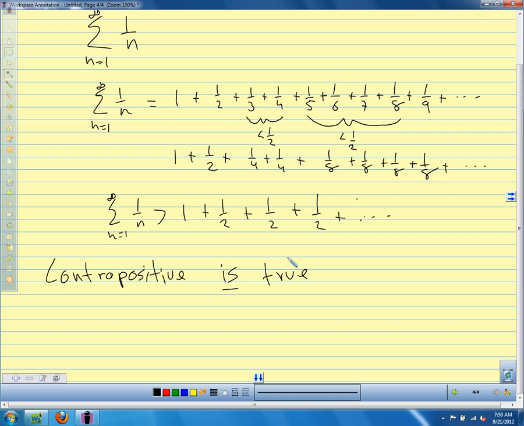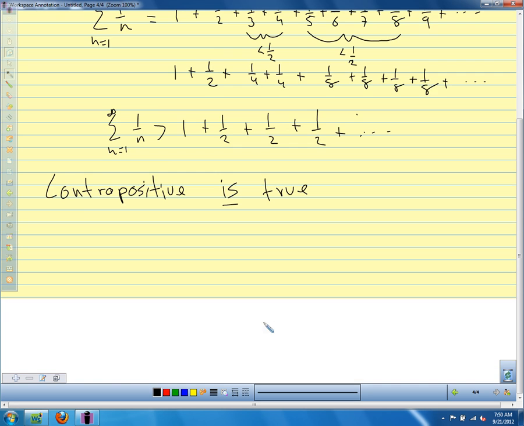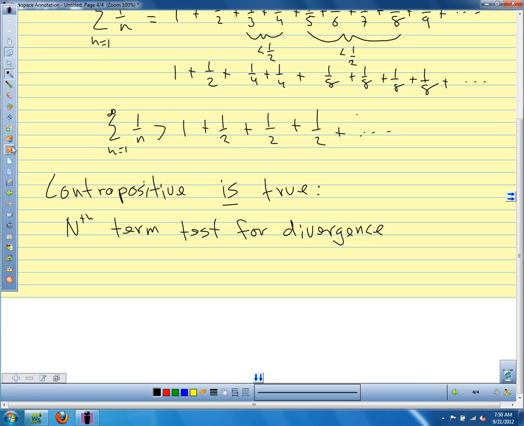And this gives us the nth term test for divergence. So this is a test that decides whether or not a series diverges.